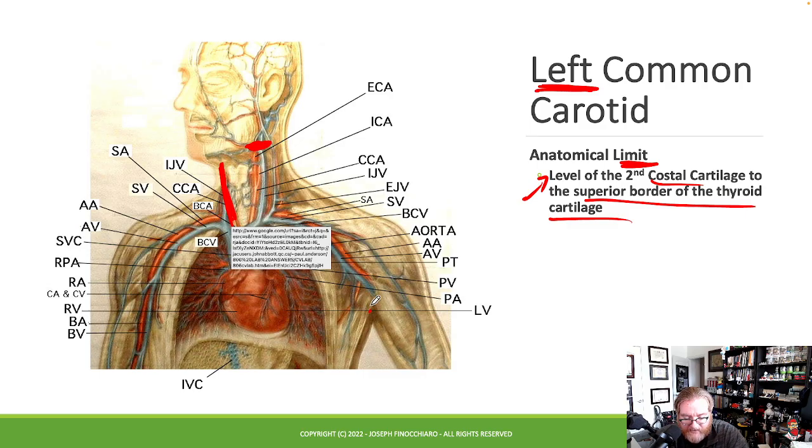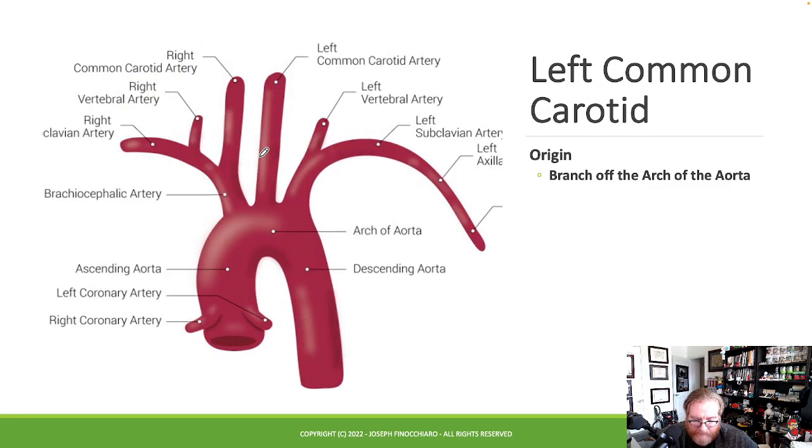With the heart, we have the arch coming over. The brachiocephalic has to come off. It starts below. It's a little bit longer because it comes directly off the arch of the aorta. As it states, its origin is right there, a branch off of the arch of the aorta.